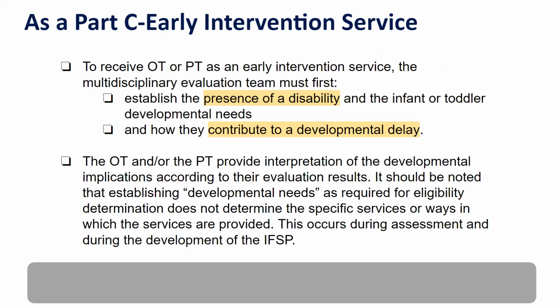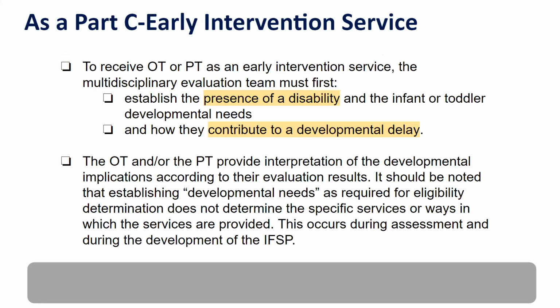Okay, Part C is different than our Part B for occupational therapy and physical therapy. While we have to have the presence of a disability, we have to also identify how the need would contribute to a developmental delay.